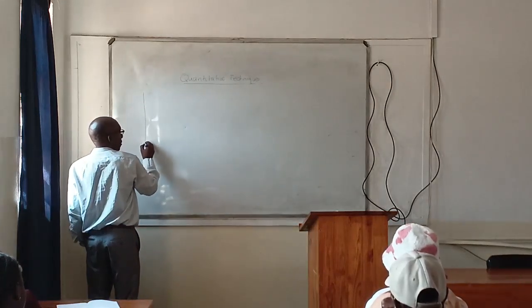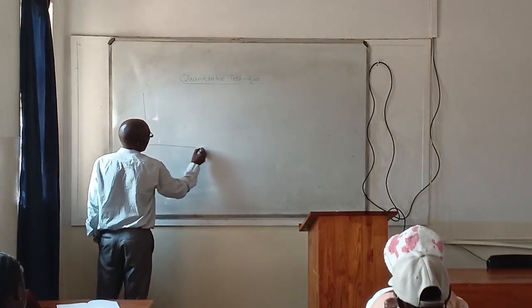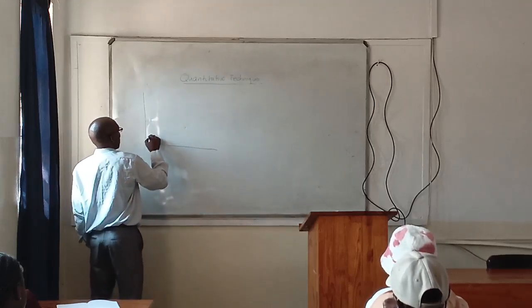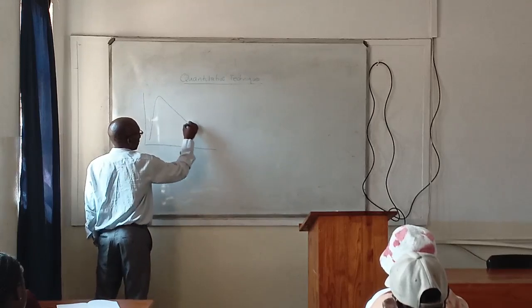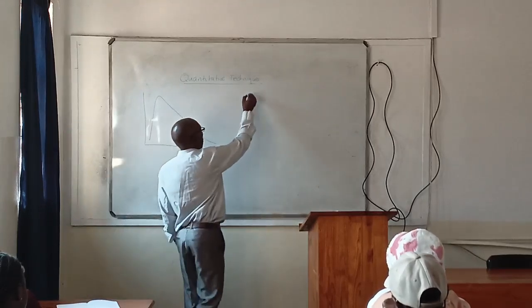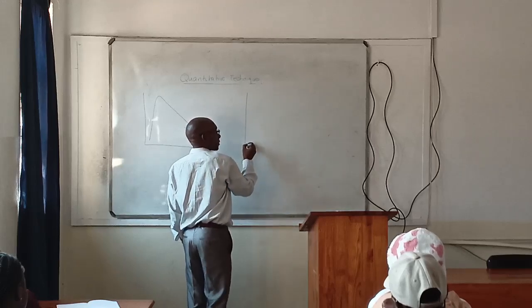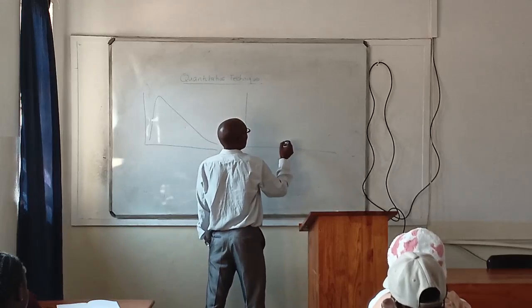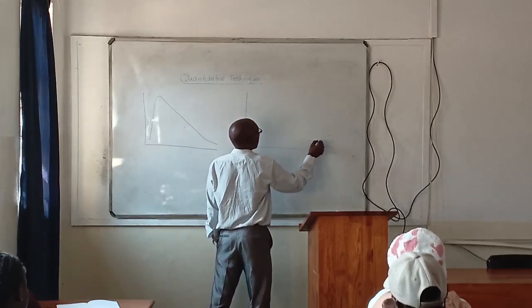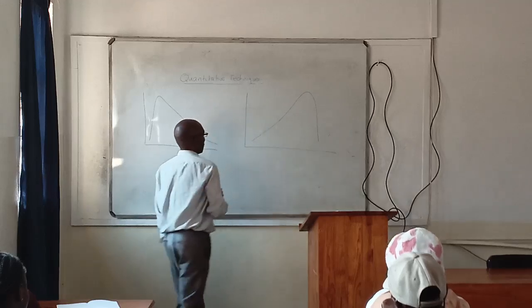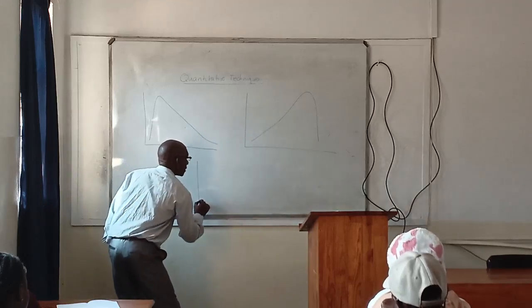I'll be bringing my rulers. I've bought rulers. Look at this one. I want you to tell me this. I'm saying these are skewed, right? They are called skewed, right?